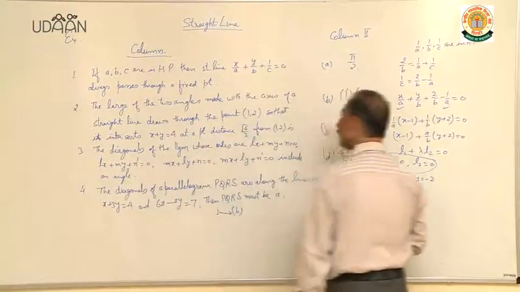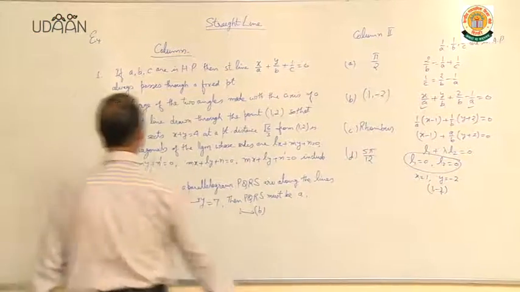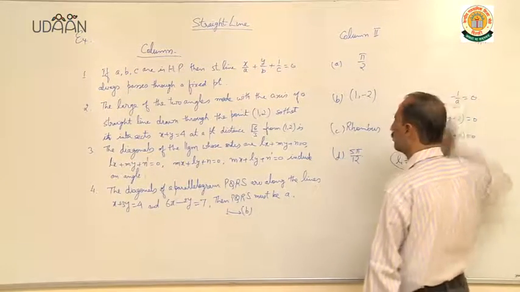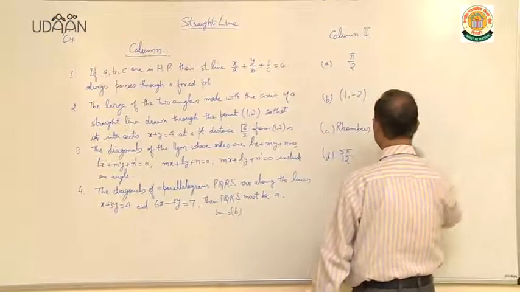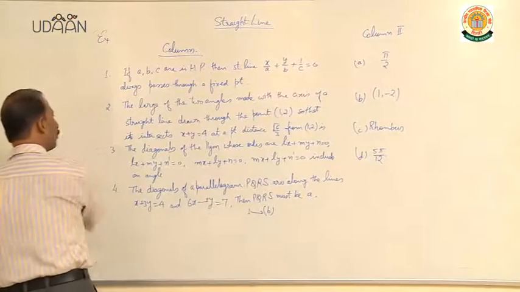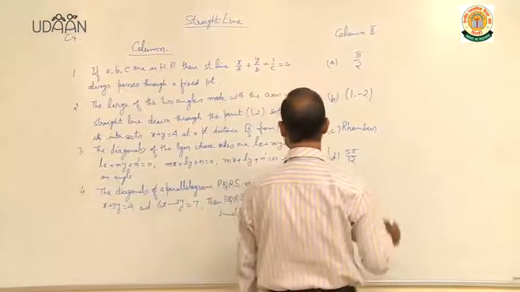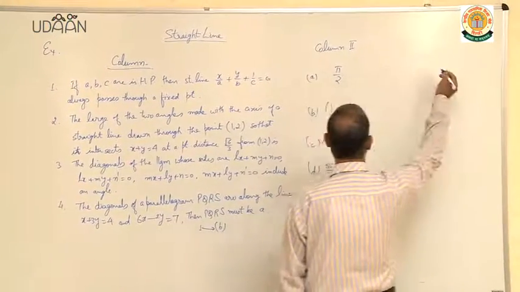Okay. Now second, the larger of the two angles made with the axis of a straight line drawn through the point (1, 2), so that it intersects x plus y is equal to 4 at a distance root 6 upon 3 from (1, 2), is the angle we have to find out.